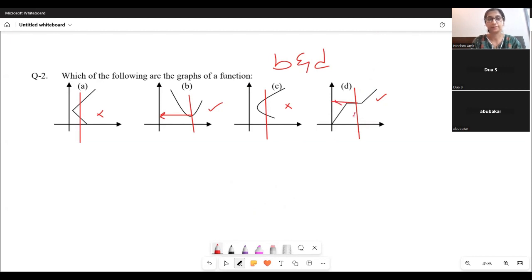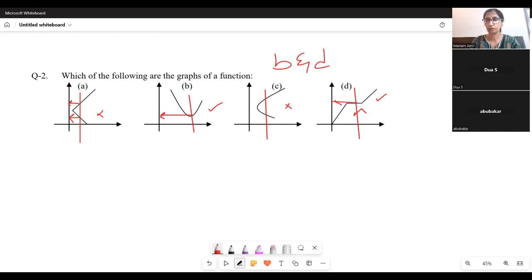But for A and C, each value of x is giving you two values of y. So for a function, each value of x should correspond to one unique value of y. So you might be asked to write down the statement. Then you do not mention the vertical line test, you mention this: that since each value of x corresponds to one unique value of y in parts B and D, hence those two are graphs of functions.